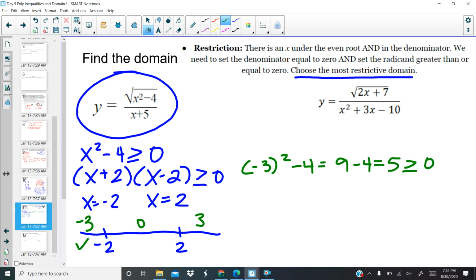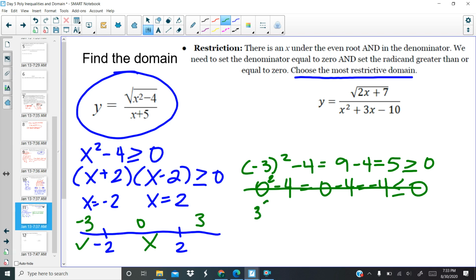Second, we're going to do 0. So 0 squared minus 4 is negative 4, and that's less than or equal to 0. So we do not want to use that interval between negative 2 and 2.